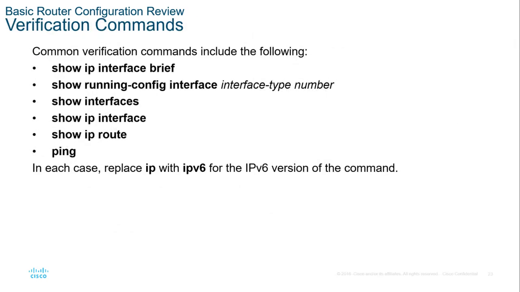Once you've done all the configurations, you can play around with these verification commands: show ip interface brief, show running-config and then filter a specific interface, or show interfaces to show all the interfaces, then show ip interfaces, show ip route, and the pings. If I want to deal with IPv6, I replace ip with ipv6 so that I get information about IPv6.